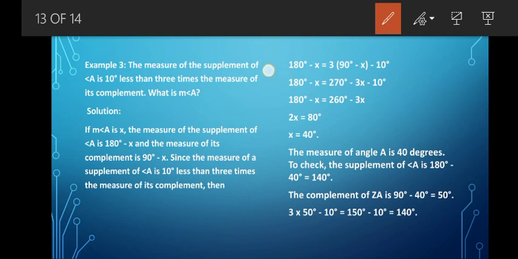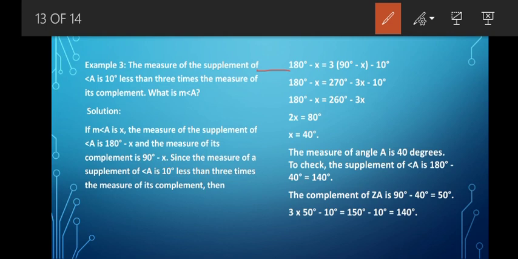That is the value of tawag dito supplementary angle. So 180 minus X equals 3 times the quantity 90 degrees minus X, then subtract 10 degrees, since the question is 10 less than 3 times the measure of its complement.